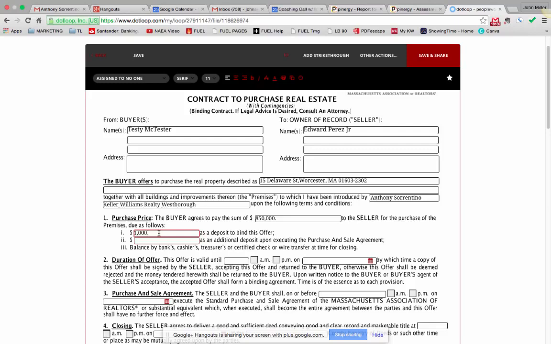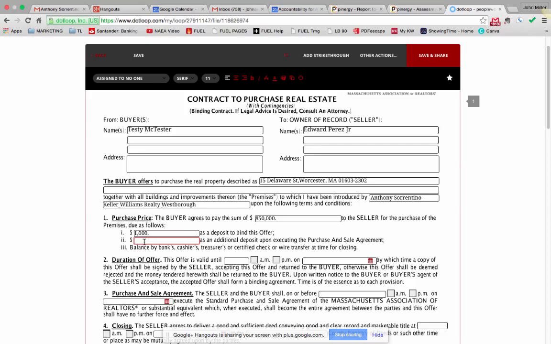And then there's a second deposit that's due as an additional deposit upon the execution of the purchase and sale agreement, which is traditionally 14 days after this offer is accepted, and we'll get to that in a minute.